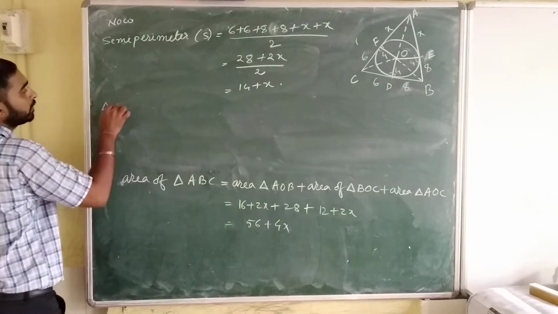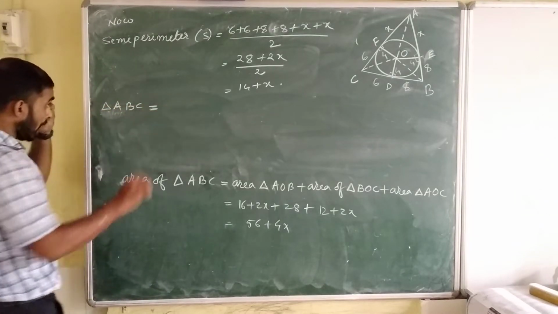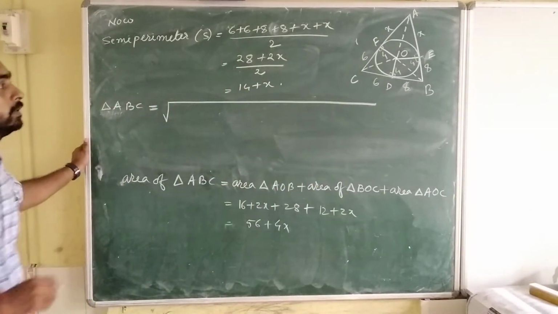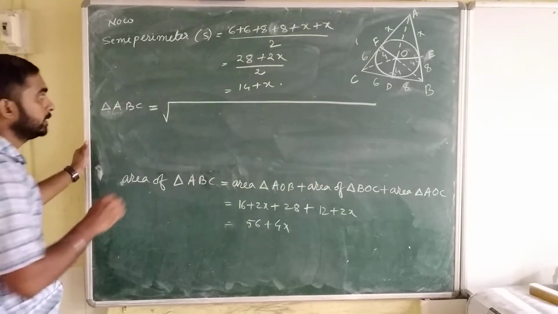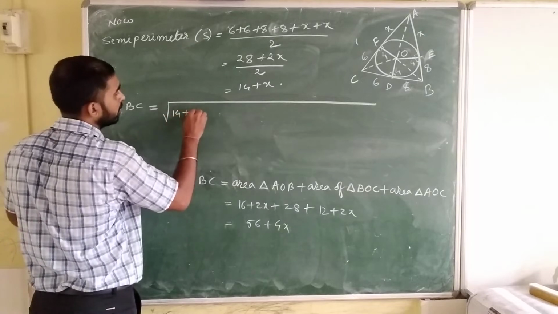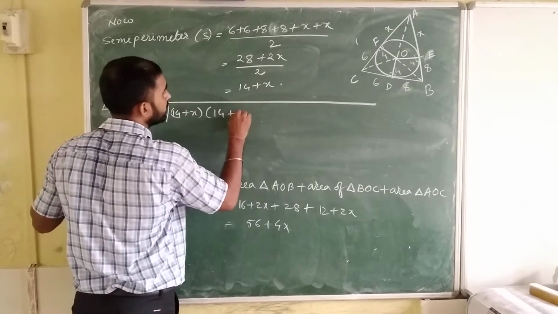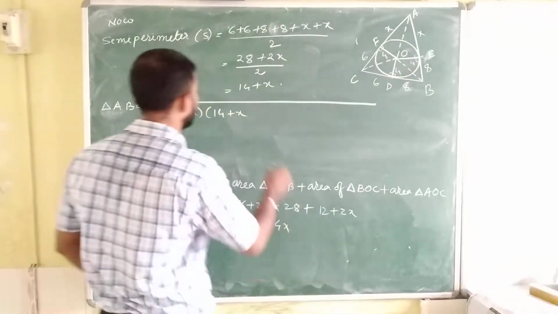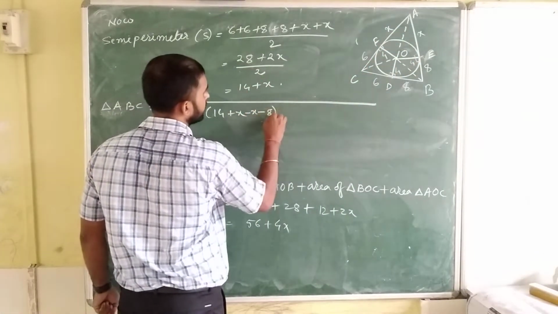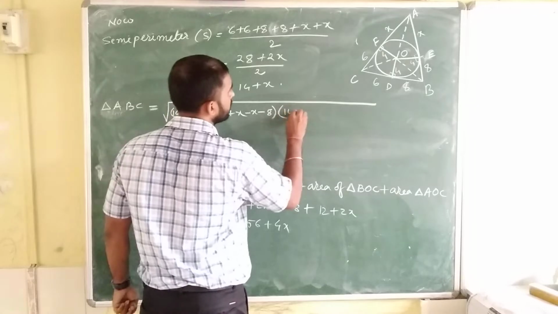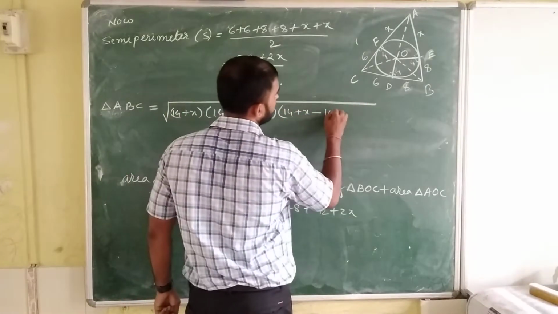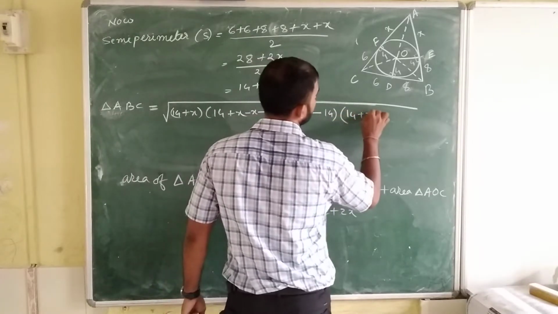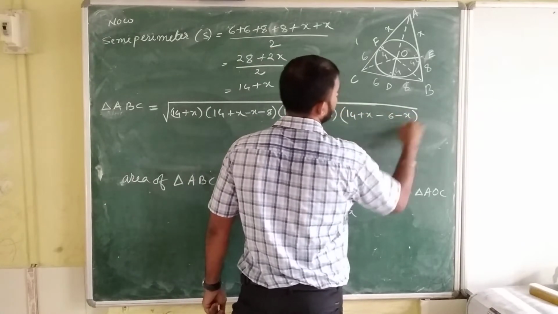Therefore, area of triangle ABC equal root of S into S minus a. Suppose we consider this one a. 14 plus x minus x minus a, then S minus b, and S minus c.